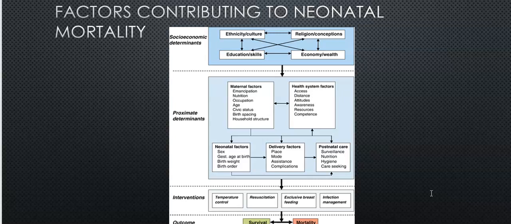When you look at maternal factors, mom's nutrition, her occupation, her age, how many babies she has, and how far apart or close together they're spaced, the structure of their household. The healthcare system that's providing care to this baby can also be a determining factor, such as, is it in close proximity to the facility where the parents live?